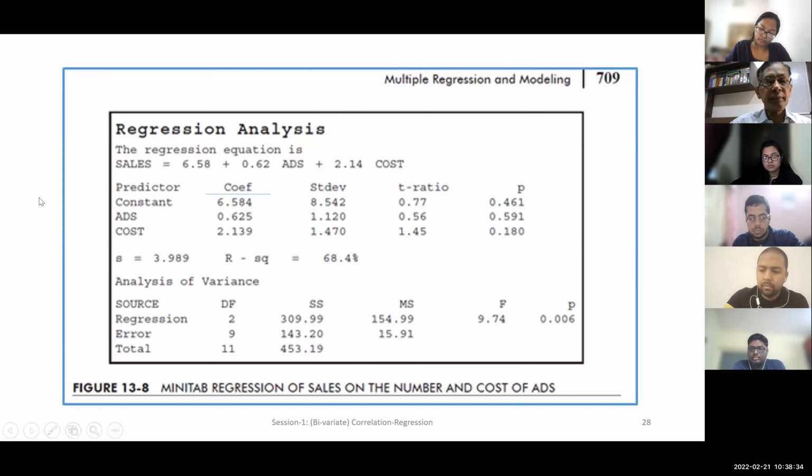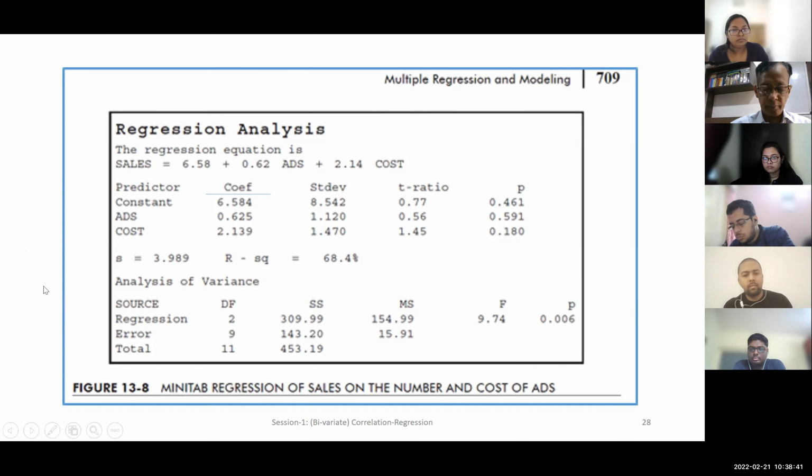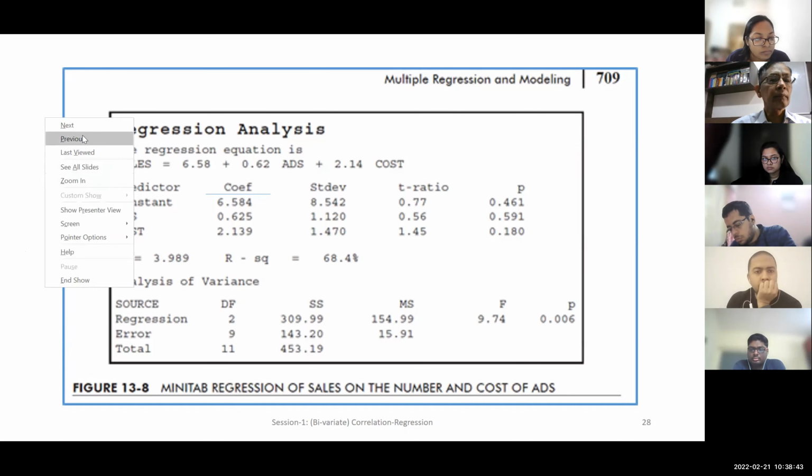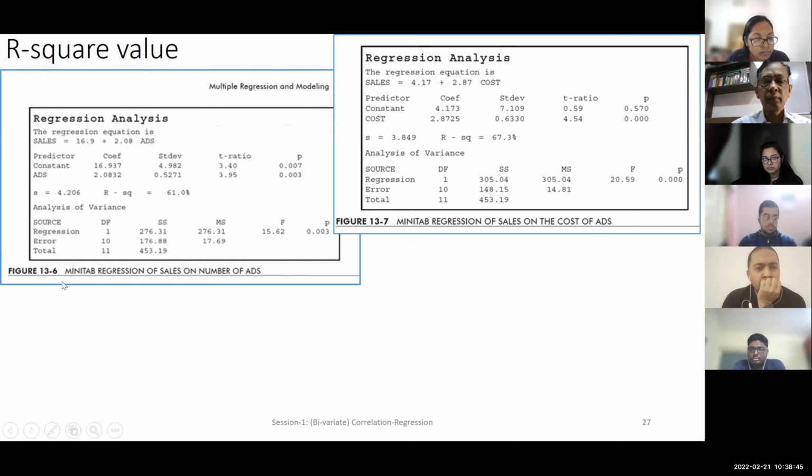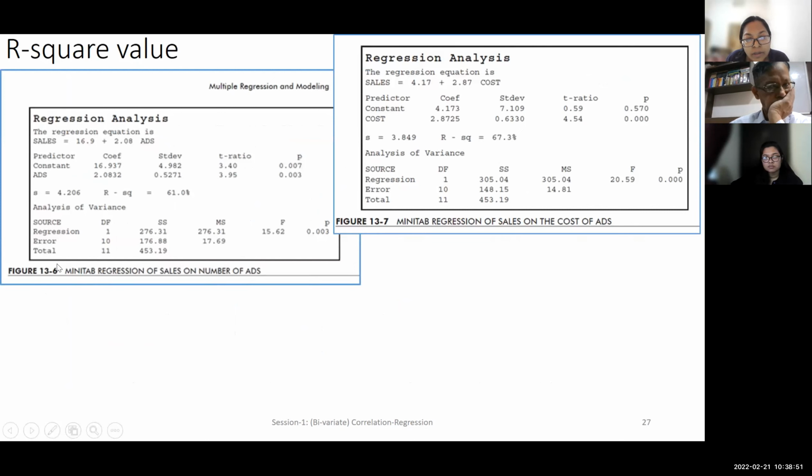Any question up to this? Sir, please show the previous page a little. So the question we solved using Excel, the values that we obtained were the totals of both the independent variables. Yes.